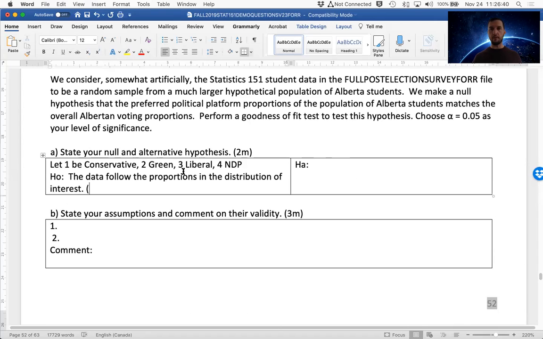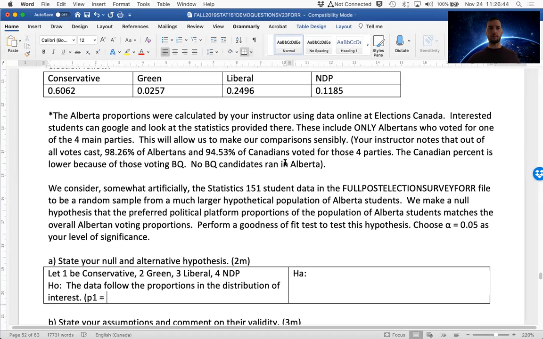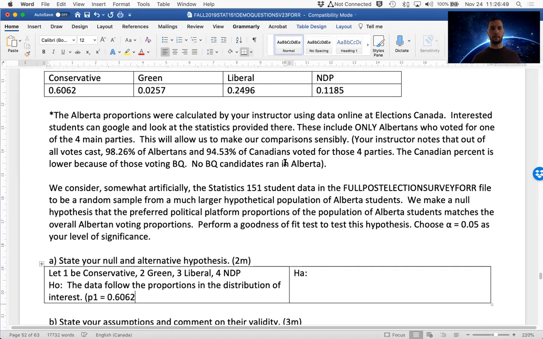Now, another way that you can think about this would be P1 equals 0.6062, comma, P2 equals 0.0257, comma, P3 equals 0.2496, comma, P4 equals 0.1185.